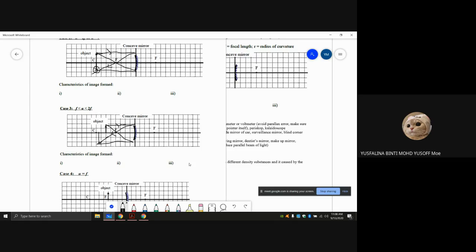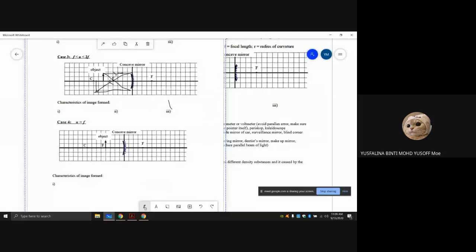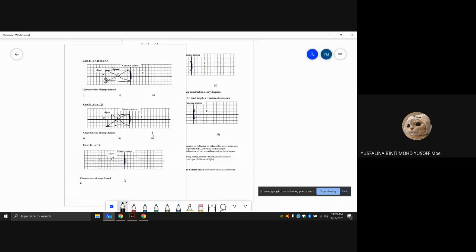So what happens if U is equal to F? How do you draw it?